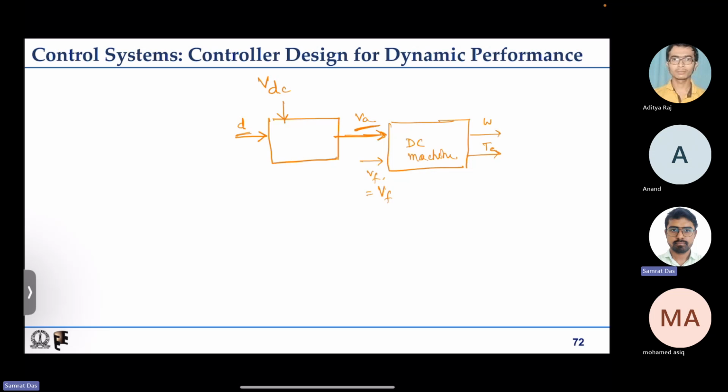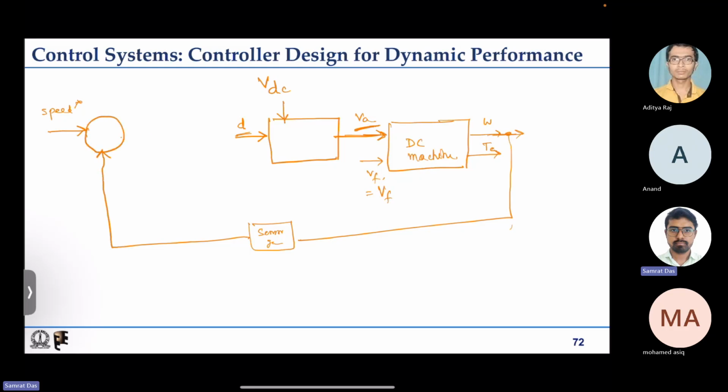Then suppose we are giving some speed reference, and we have this speed. We can sense it, so this becomes our sensor gain, and we can feed it back.